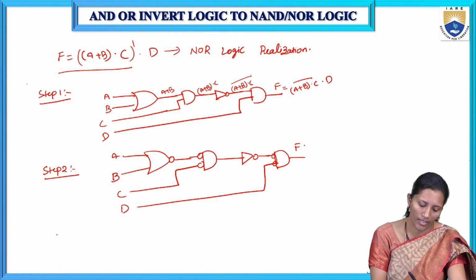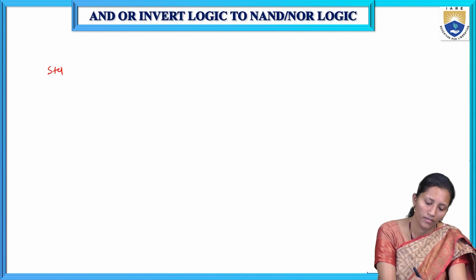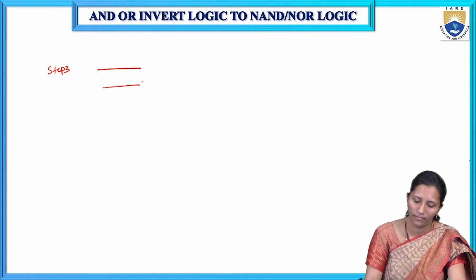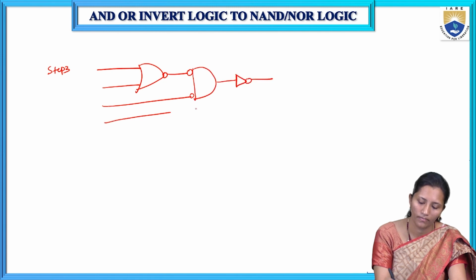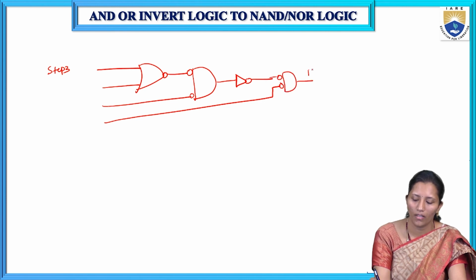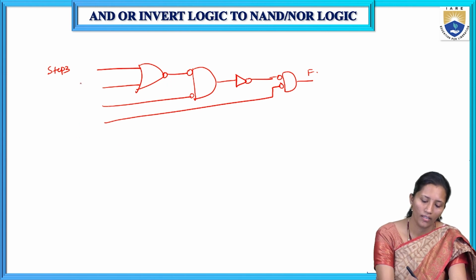So this is F. In step 3, we have to add inverters at each line where we added bubbles.